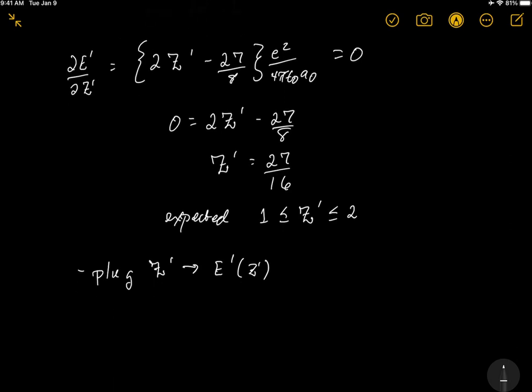So we've essentially optimized our parameter. Then we take that parameter that we get, we plug it back into our energy expression. That'll give us our energy at the optimized value for that parameter.